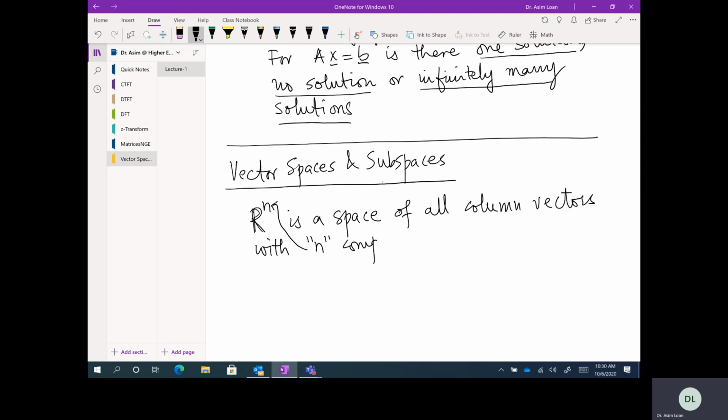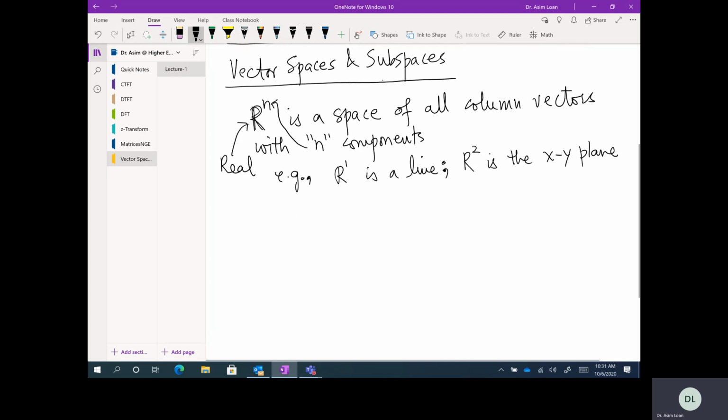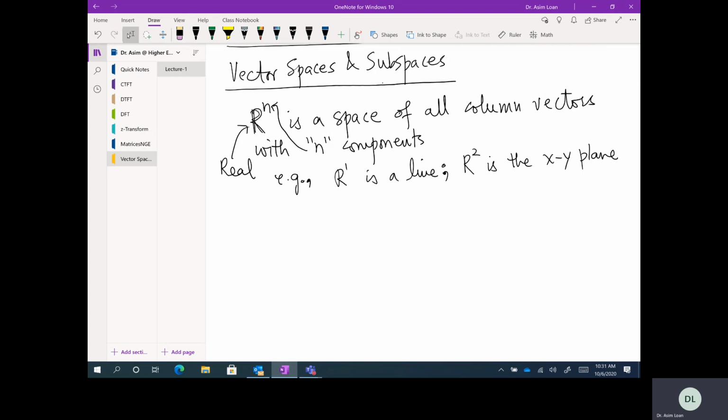This R specifies real. So for example, R^1 is a line, R^2 is the familiar xy plane.